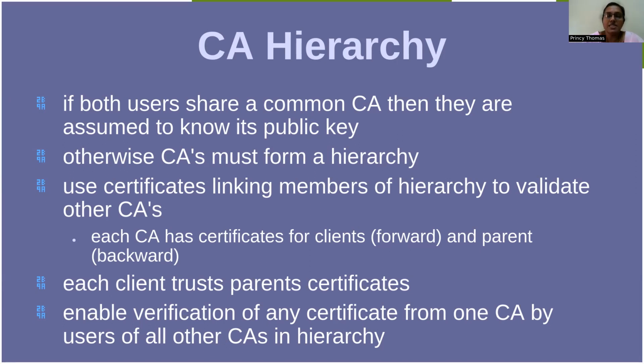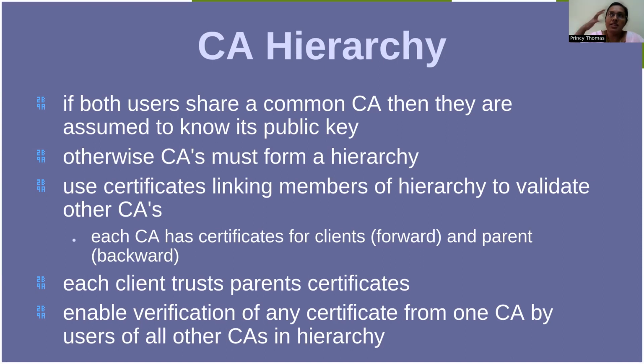Each client trusts the parent's certificate. And a certificate authority can verify any certificate by users of all the CAs in the hierarchy. So the CA has authority to verify all the users and their certificates in that particular cluster.